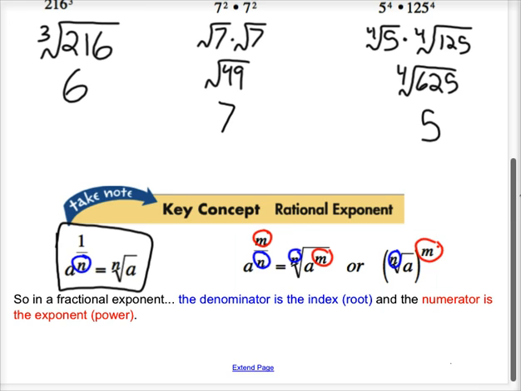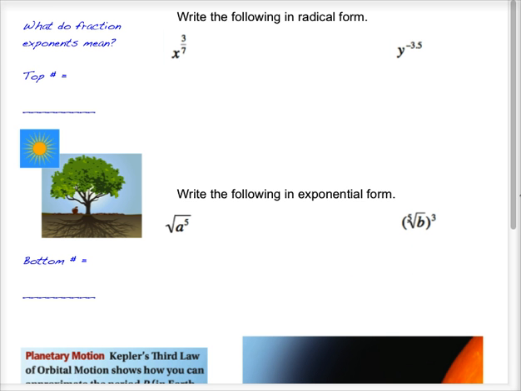So let's take a look at what some of these look like. Now, I have here a little diagram. It didn't make it in your notes. So if you'd like to sketch it yourself to help you remember. So here, the bottom number of the fraction. Well, think the bottom of a tree. That's where the roots are. So the bottom of your fraction are your roots, digging into the ground.